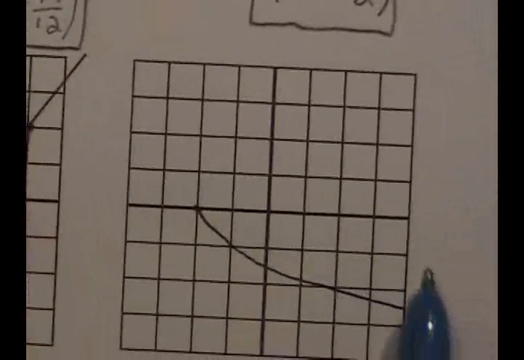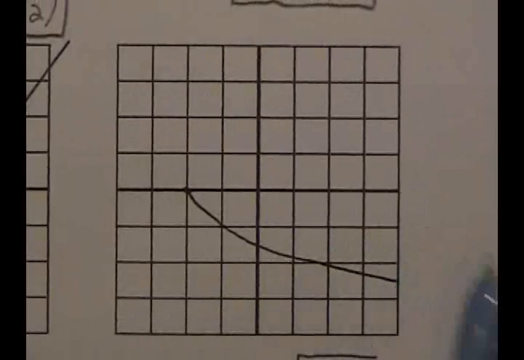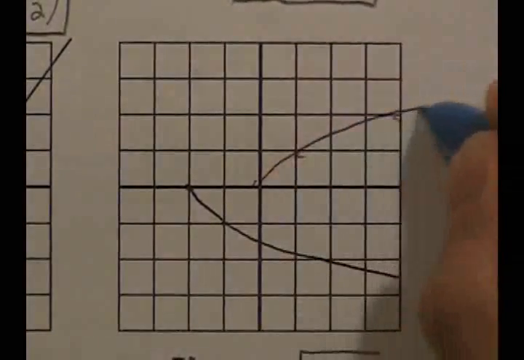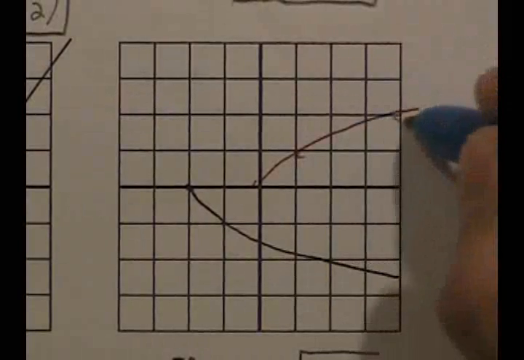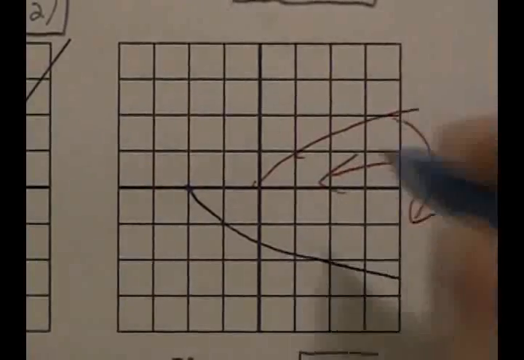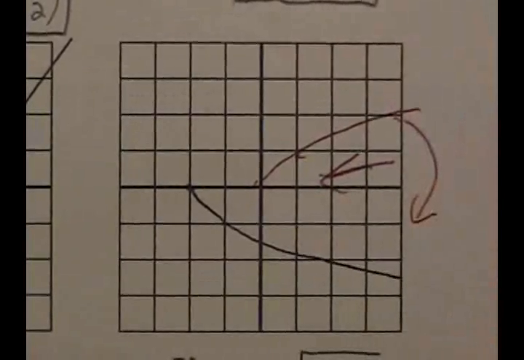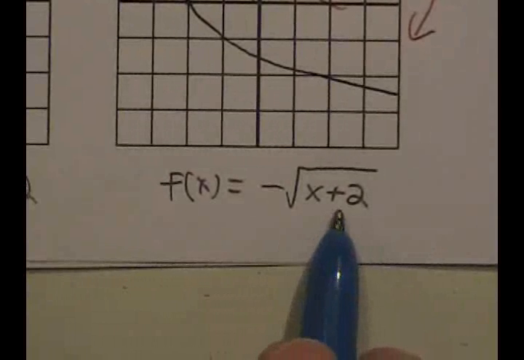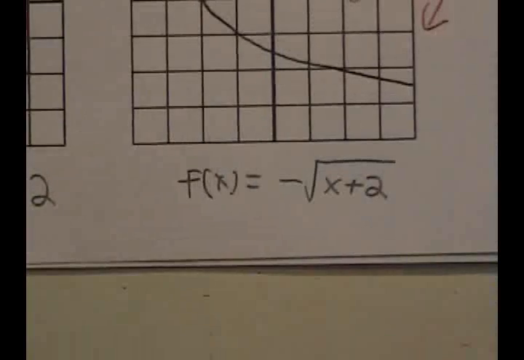And with this one, it's a radical x function. The radical x looks like this, kind of. We see it's been flipped down, and then the result was moved 2 units to the left. To do that, you take 2 and add it to the x, and then you flip that around, and that's what you get.